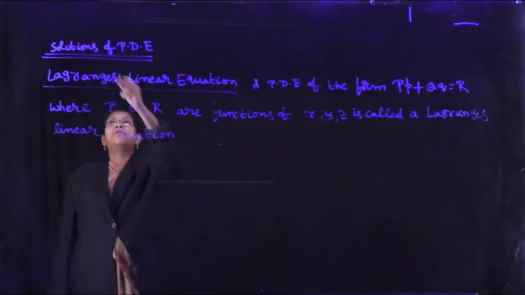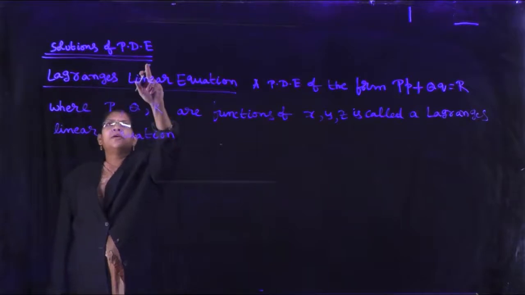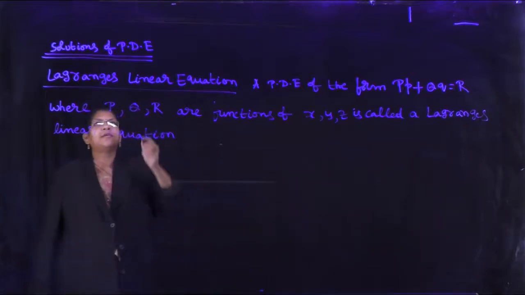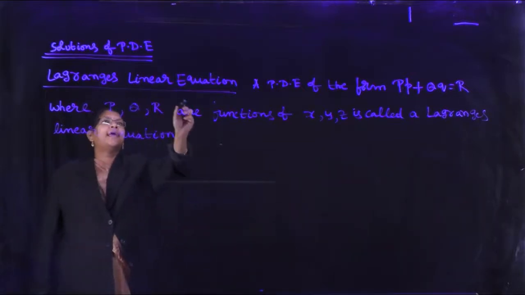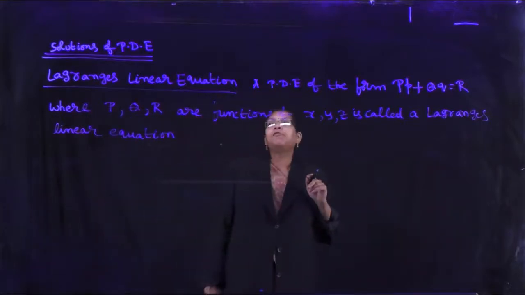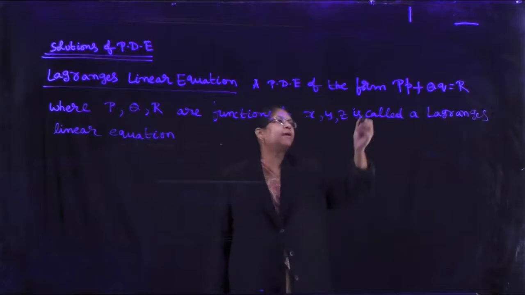Okay. Next topic is solutions of partial differential equation. Under solutions of partial differential equation, the topic is Lagrange's linear equation. What is the general form of Lagrange's linear equation?